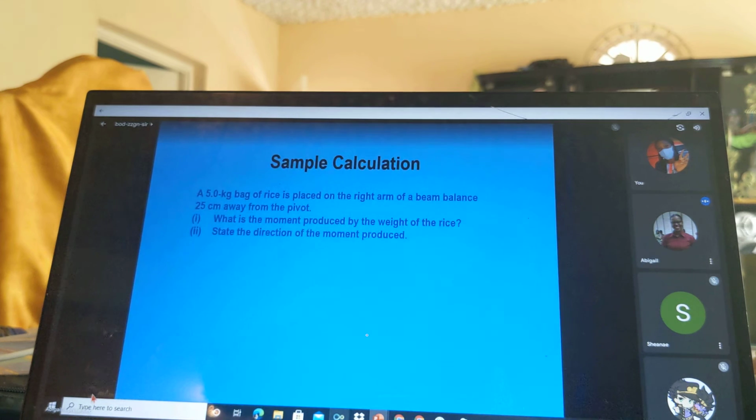Let us do a sample calculation. This is the last thing we're going to do, so you can go and read about it and come again. If we have a bag of rice placed on the right arm of a beam balance 25 centimeters away from the pivot, what is the moment produced by the weight of the rice? And state the direction of the moment produced.